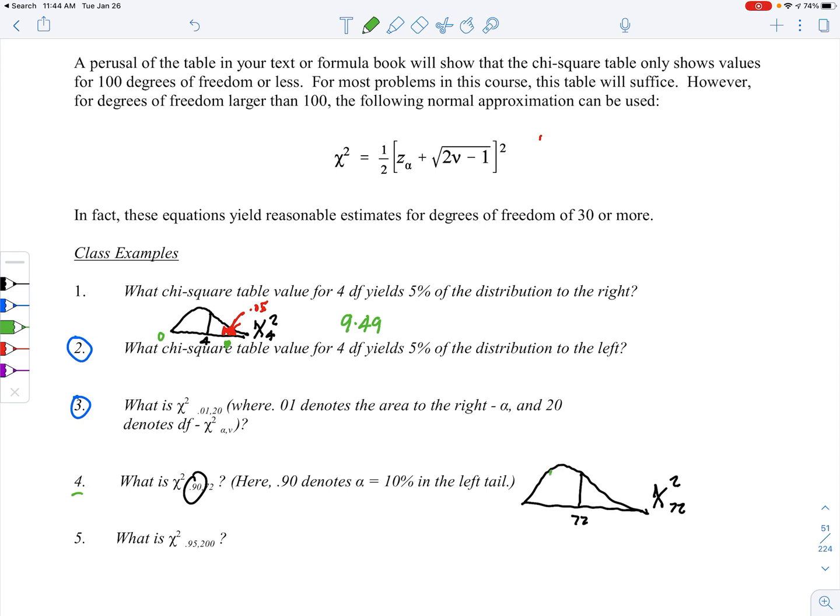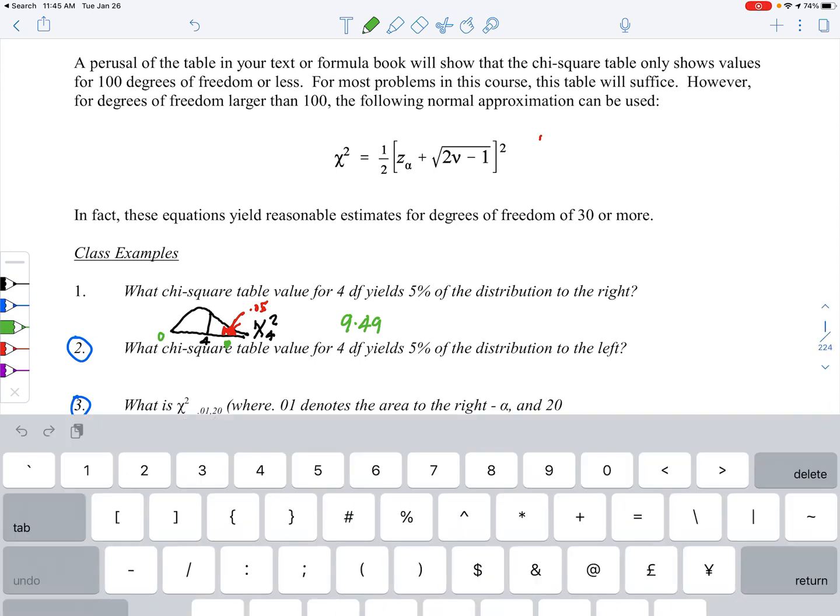That's talking about 90% going up and 10% going down, right? So that first number there would always be the area going up, and the equivalent would be 10% going down. So let's go to 72 degrees of freedom, the 10% column on the left-hand side.